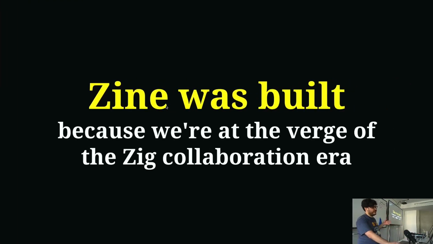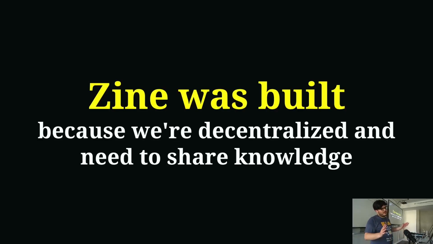So the Zig collaboration era is becoming a real thing. And again, if you've never been in the Zig community for long enough and you haven't seen how it was before, I promise you, things have been changing a lot compared to the past. One interesting interaction that now comes into play is that we are a decentralized community at its core.